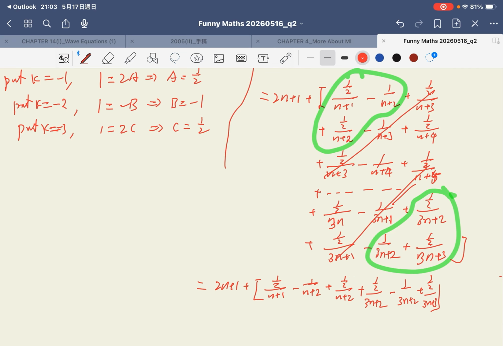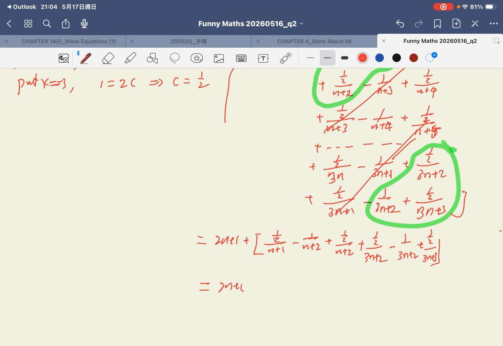You can see these 2 terms can be combined to form minus 1 over 2(n+2). These two terms can also be combined to form negative 1 over 2(3n+2). And finally, the last term is 1 over 2(3n+3).